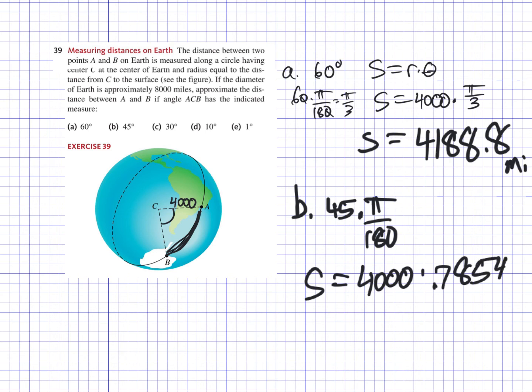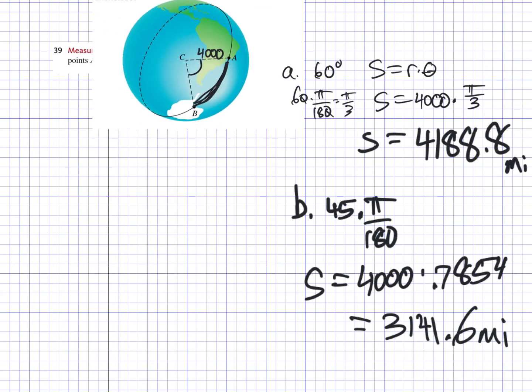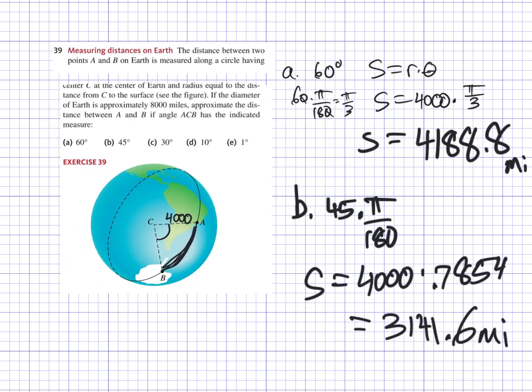Leave it as a long number on your calculator and just times it by 4,000. That way you don't have to have the rounded number. And so that arc length is 3,141.6 miles.